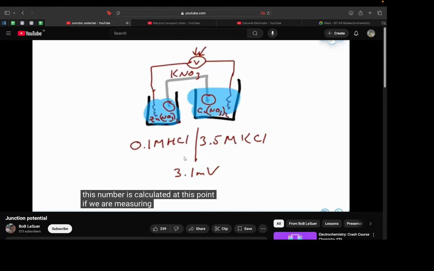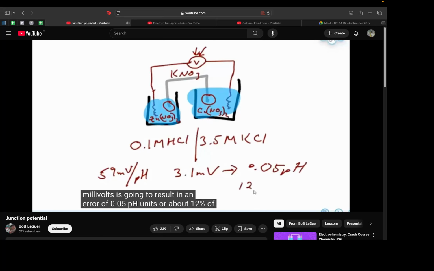If we are measuring the pH of a solution, and maybe there's a junction potential of 3.1 millivolts, say, because of the internal solution of the pH electrode, which has a pH response of 59 millivolts per pH unit, this 3.1 millivolts is going to result in an error of 0.05 pH units, or about 12% of the hydrogen ion concentration.